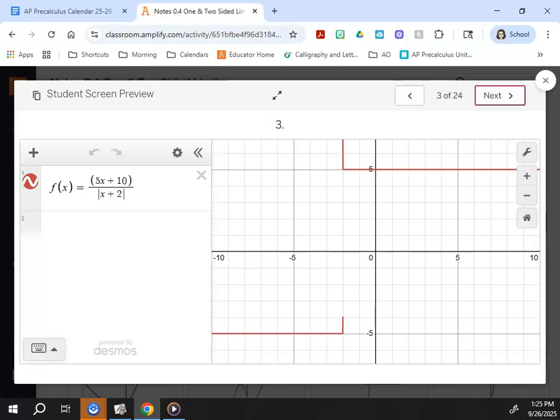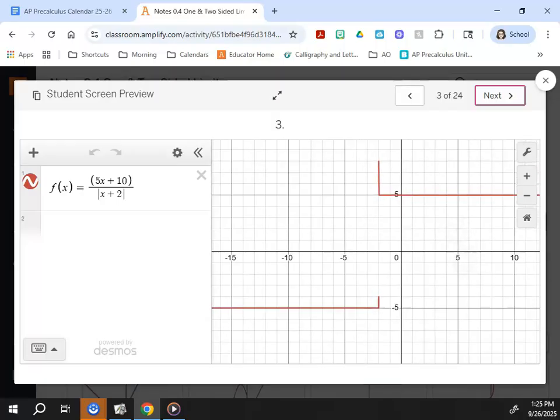This one I can kind of control. These little vertical things, ignore them, because if they actually existed, then this wouldn't be a function, right? It's like a glitch in the matrix with Desmos. I don't know why it's there, but it doesn't even happen on all of them. So just ignore the little vertical pieces. But as we approach -2 from the left, what's our limit? -5.